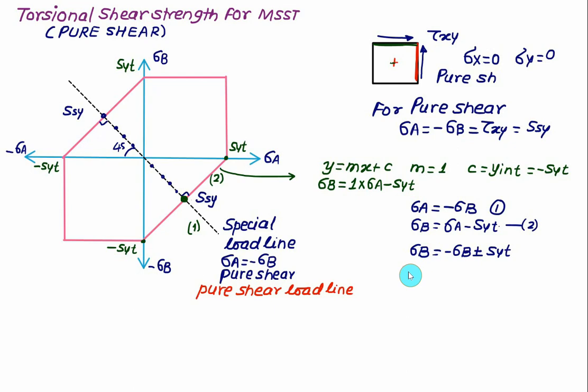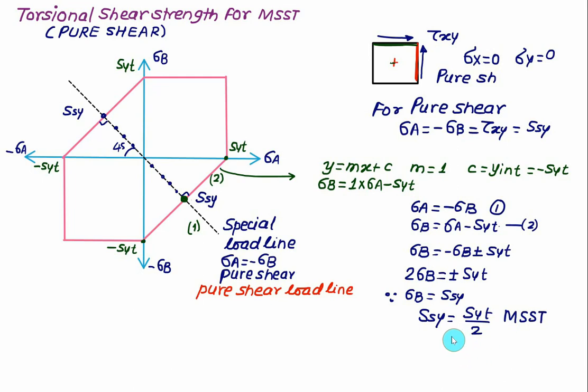These two values will be equal to sigma B is equal to plus minus Syt. So plus minus Syt is meaningless here, since the value of sigma B represents the shear strength at yield. So since here sigma B is equal to Ssy, from this equation we have Ssy equal to Syt divided by 2. This equation is obtained for MSST, maximum shear stress theory.